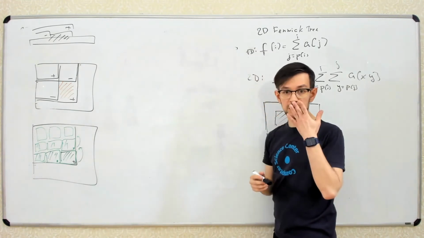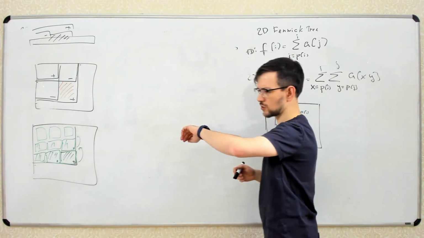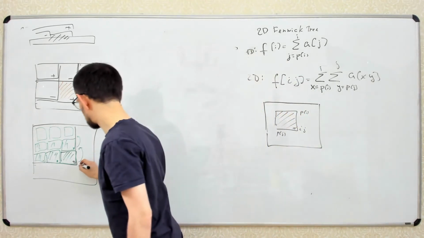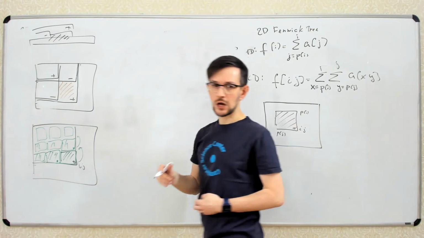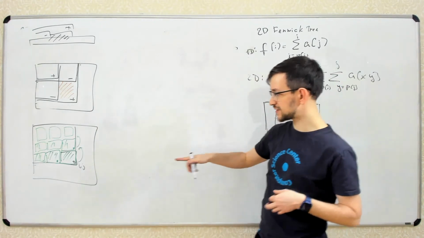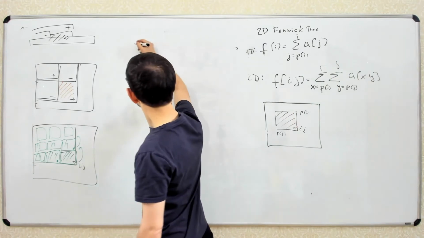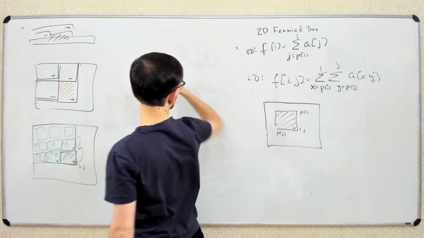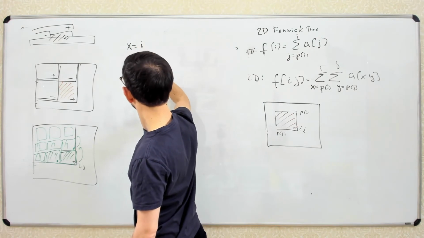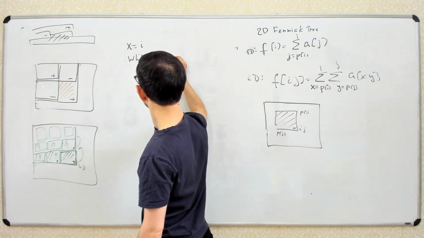So the code, I'll just write the code. The code is simple. If you start from point i j and you want to calculate this sum in this array, let's have x equal to i while x is at least 0.